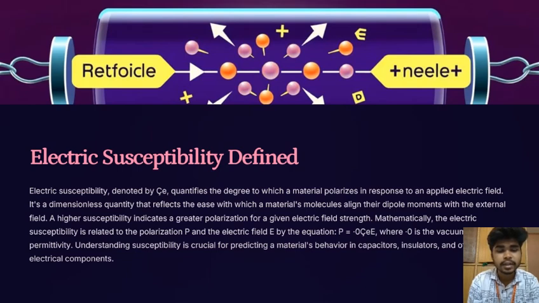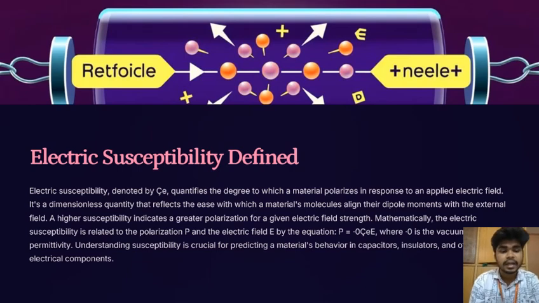Electric susceptibility, denoted by chi, quantifies the degree to which a material polarizes in response to an applied electric field. It is a dimensionless quantity that reflects the ease with which a material's molecules align their dipole moments with the external field. A higher susceptibility indicates greater polarization for a given electric field strength.